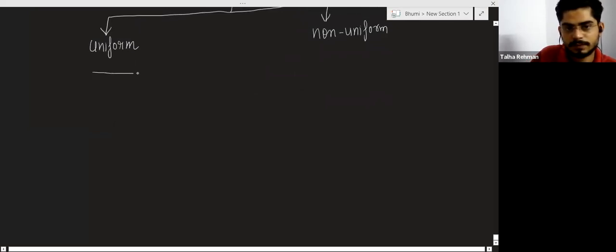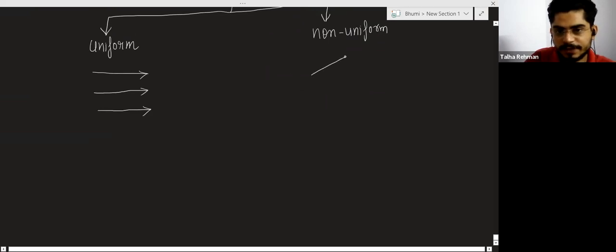This is just a rough diagram. And non-uniform electric field is like this, like this, like this. This is the representation of uniform electric field and the representation of non-uniform.